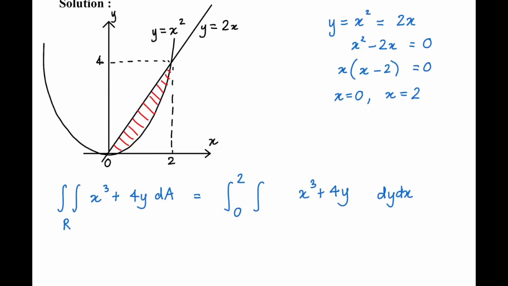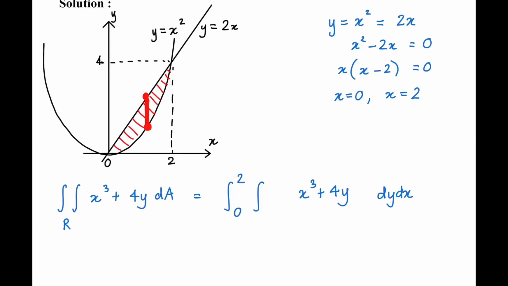For the inner limit now, you have to sketch a guideline. The guideline is parallel to the y-axis. Anywhere on the region, you sketch a guideline parallel to the y-axis. There. So that will be your lower limit, and up there will be your upper limit.